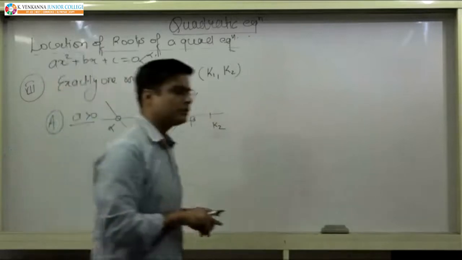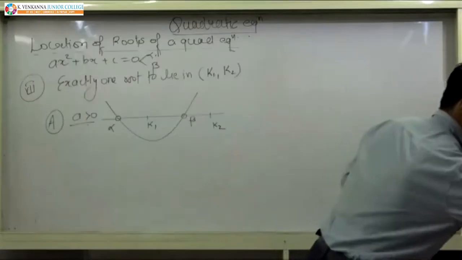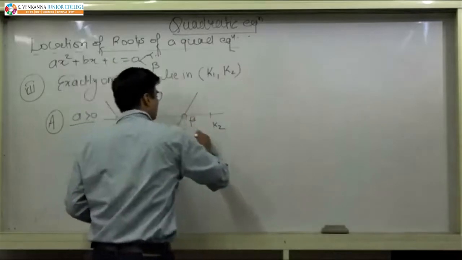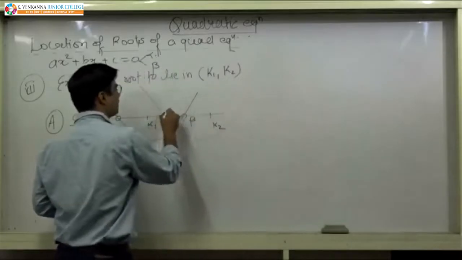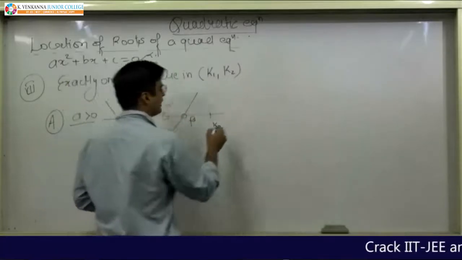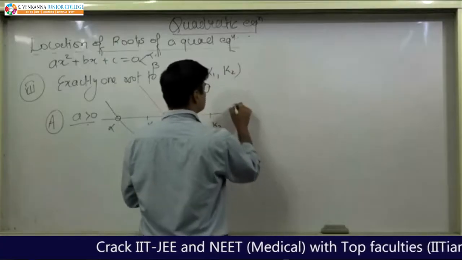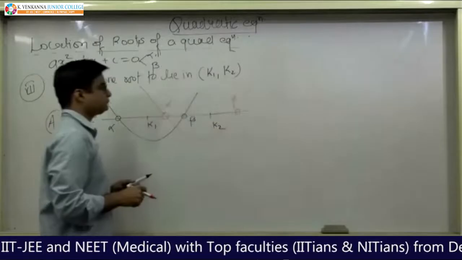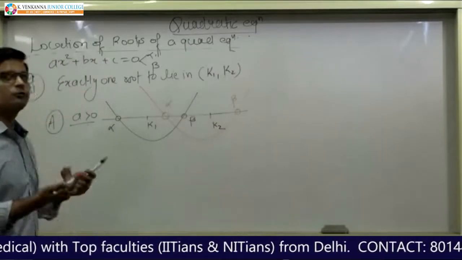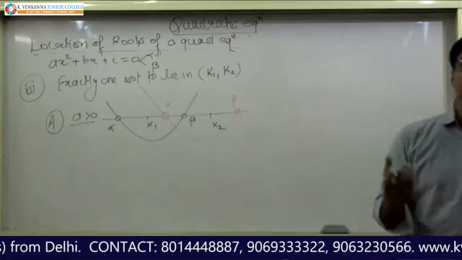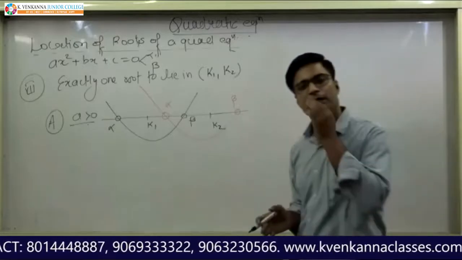That is one of the possibilities. The other possibility is, let's say my alpha is lying in the interval and beta is outside this interval, right? Both possibilities are okay with us.